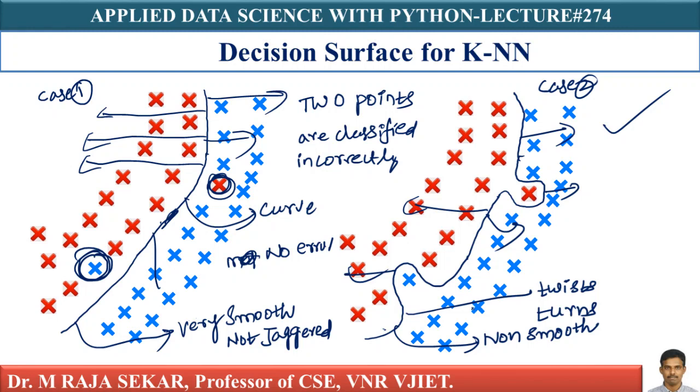These curves that separate positive points from negative points and vice versa are called decision surfaces. This curve is a decision surface. This curve is also known as a decision surface. You might wonder why they are called surfaces, not simply decision curves.